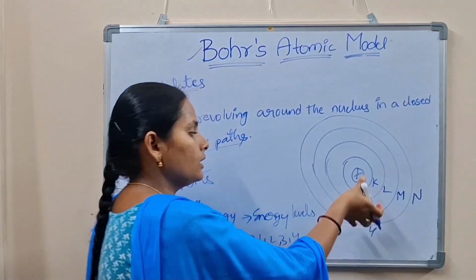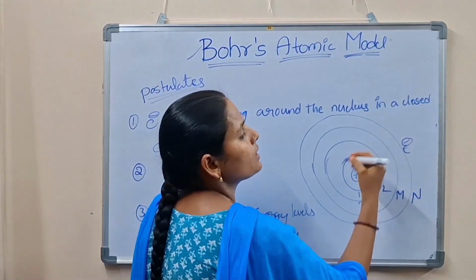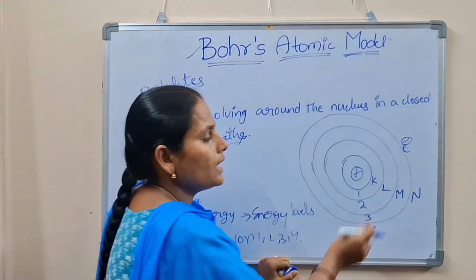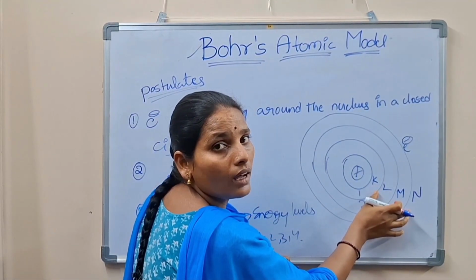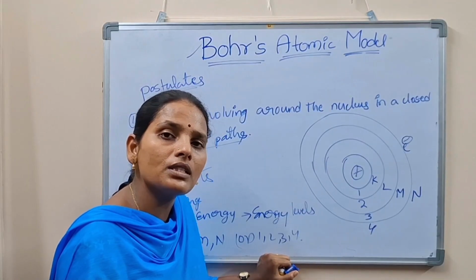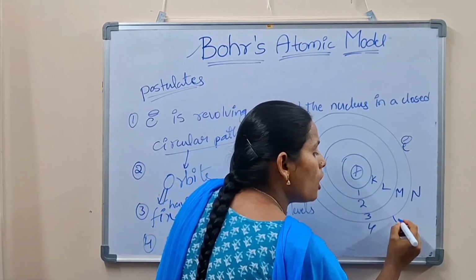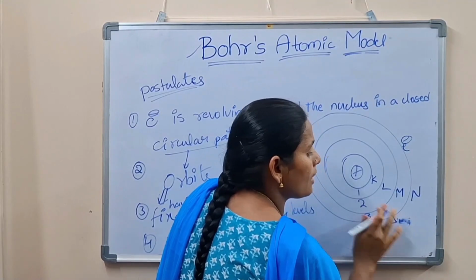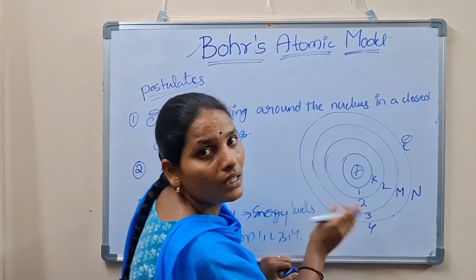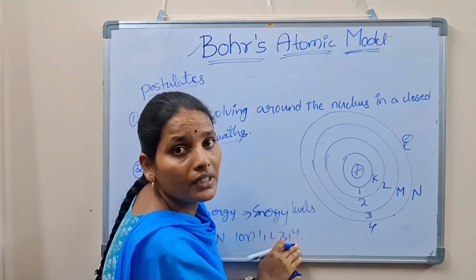This is the electron revolving around the nucleus, right? These orbits possess fixed energy. How do orbits possess fixed energy?